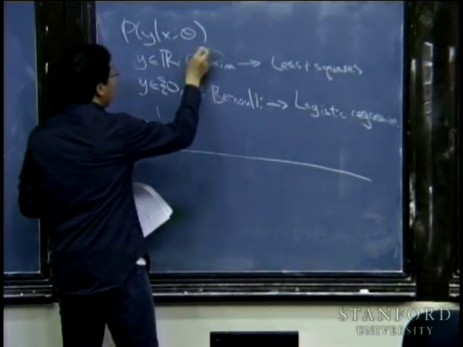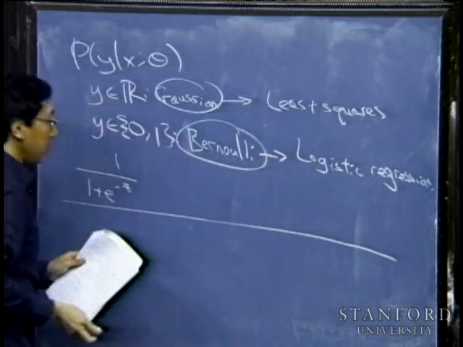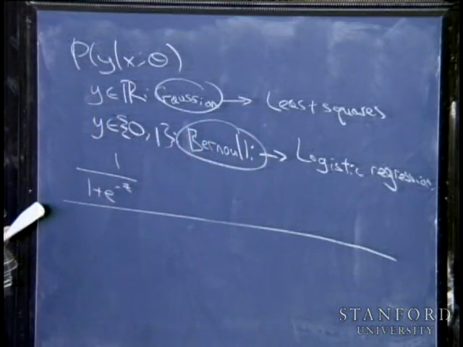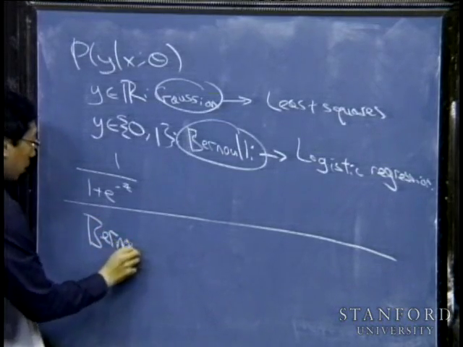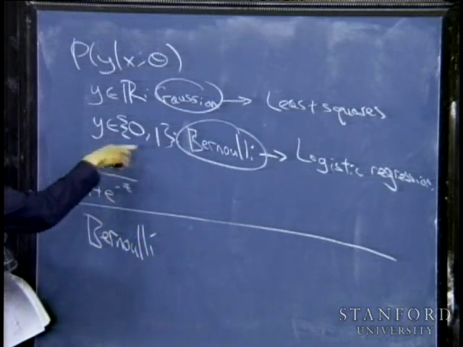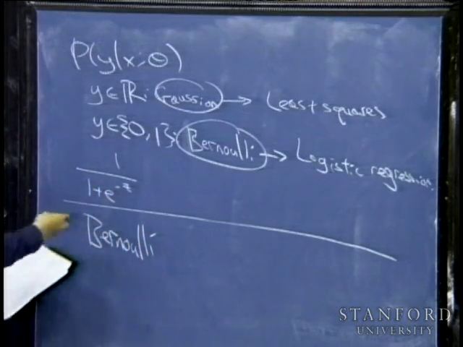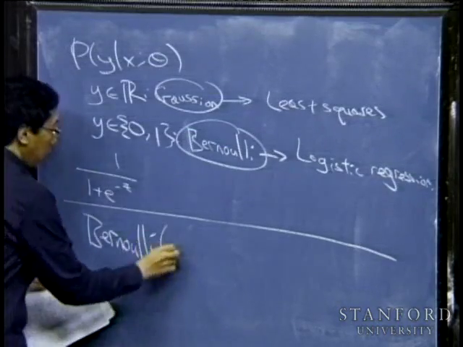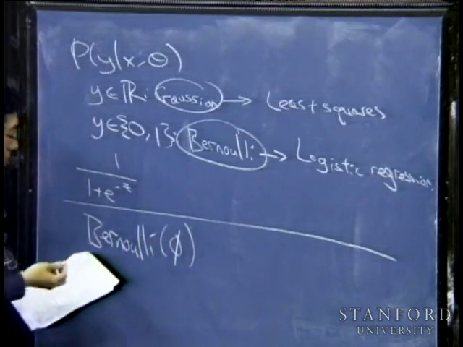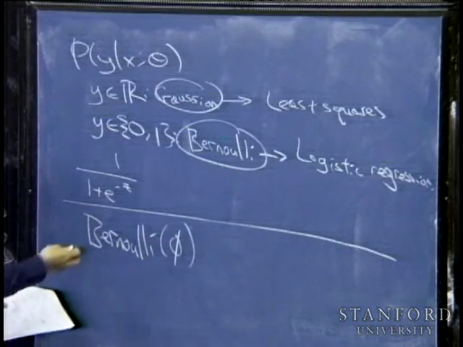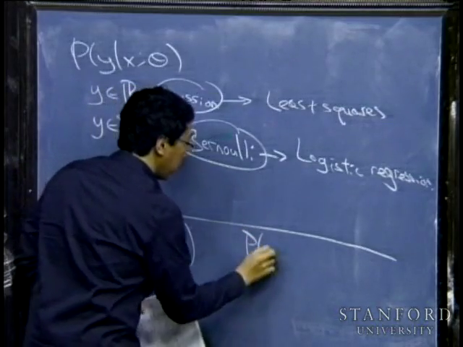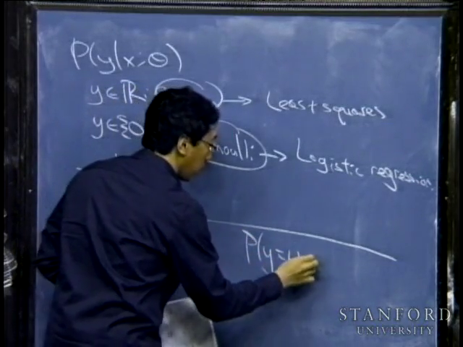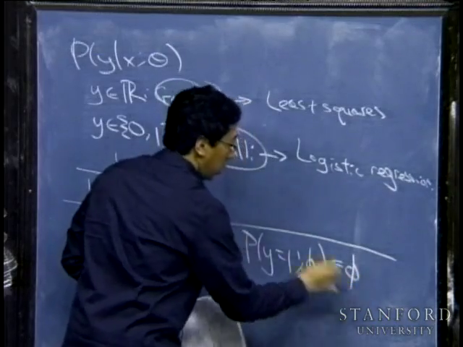So let's start by considering these two distributions, the Bernoulli and the Gaussian. Suppose we have data that is 0, 1 valued, and we want to model it with a Bernoulli random variable parameterized by phi. The Bernoulli distribution has that the probability of y equals 1 is just equal to phi.